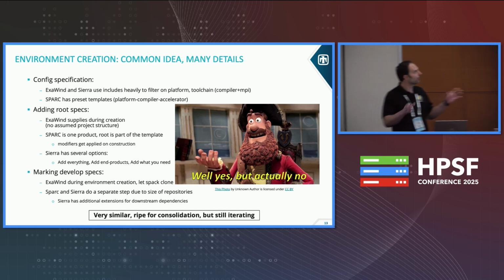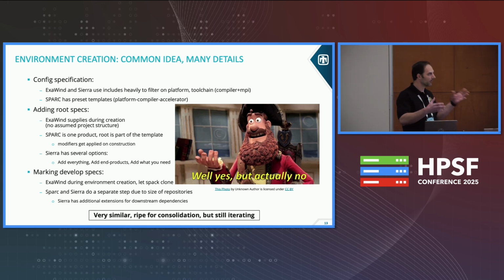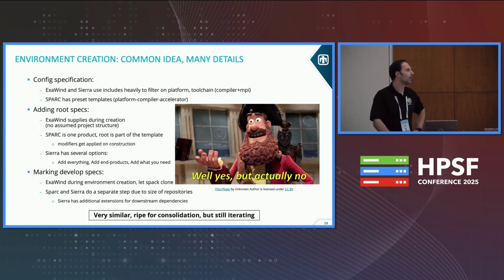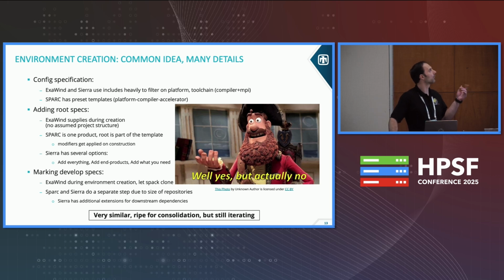And when you look at this, it's the perfect example. We are all doing the same thing, but actually we're not. Everybody has their own nuances here, and a lot of it comes down to what our default is based off of our structure. For Exowind and Sierra, our config stuff is really our preferences. We use includes to include all of our toolchain stuff, and we do this dynamically.